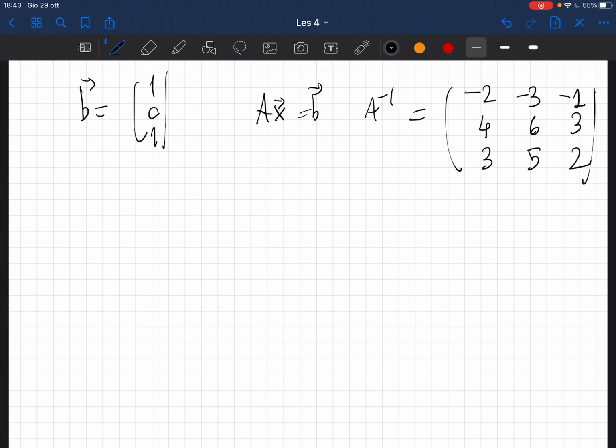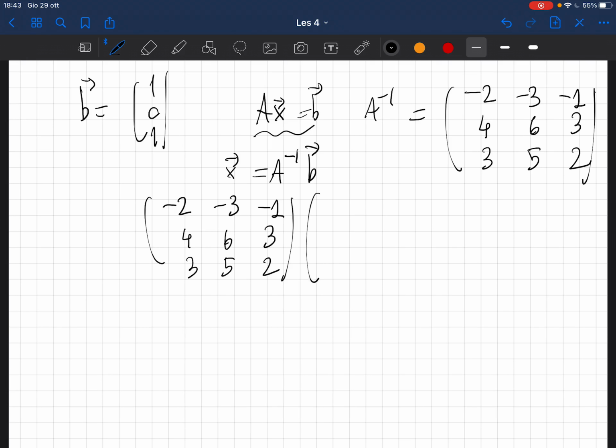So we know that if we have an invertible matrix, then to solve a system like this, we have precisely one solution, and it's given by x equal to A minus 1 applied to b. So you just have to compute this thing. Good.